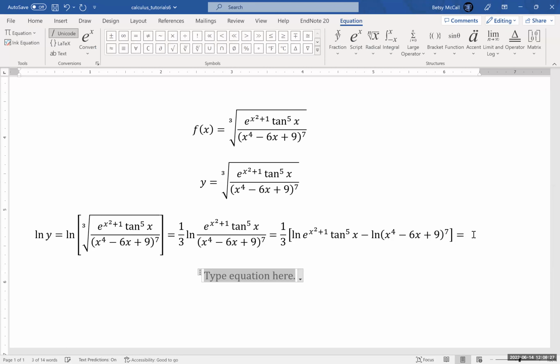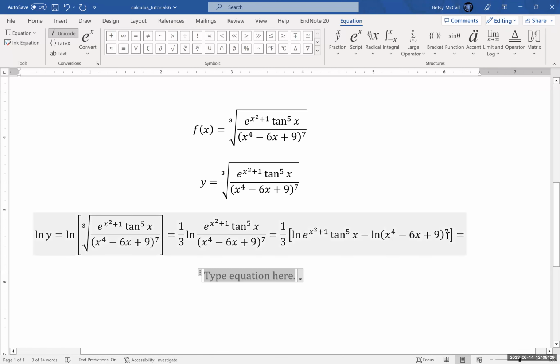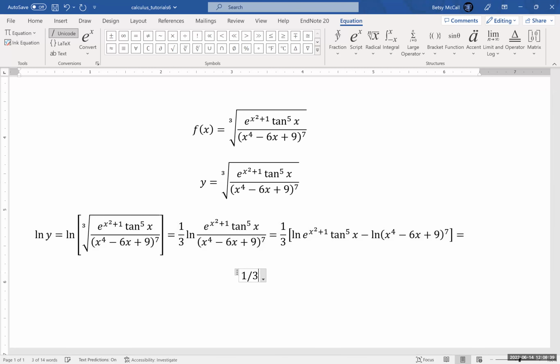And then we have to keep going. In our initial expression, we still have a product inside the log. So we're going to apply the sum rule.